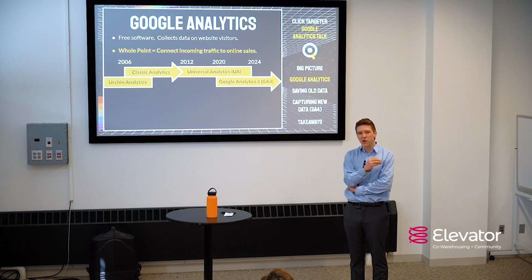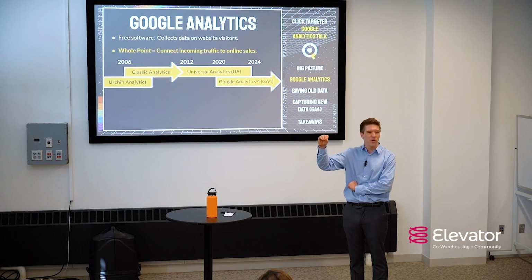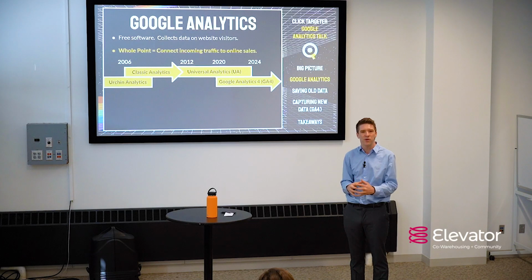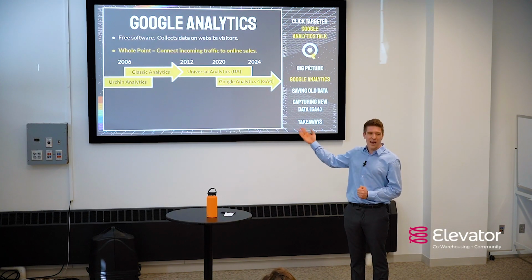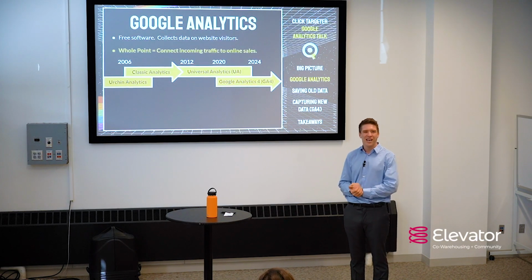At the time, there were a lot of tracking platforms. One thing about Urchin was that it was free to get started with, and then they would upsell people because it's complicated to get these things set up. Google purchased Urchin and relaunched it as Google Analytics, now known through revisionist history as Classic Analytics.